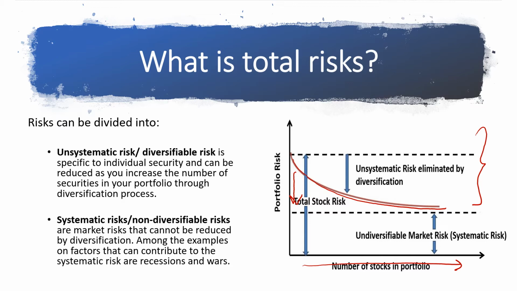However, this does not hold true for systematic risk. So this part of the graph shows the level of systematic risk. This risk is also known as market risk or non-diversifiable risk.